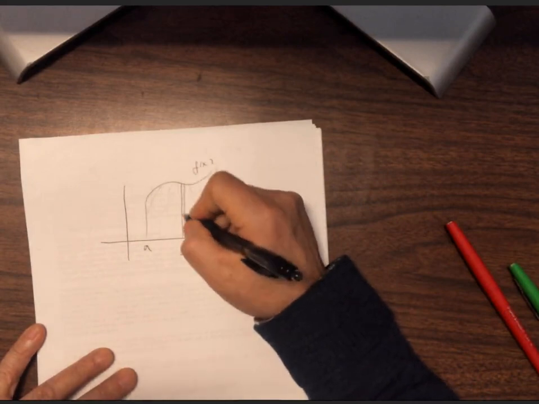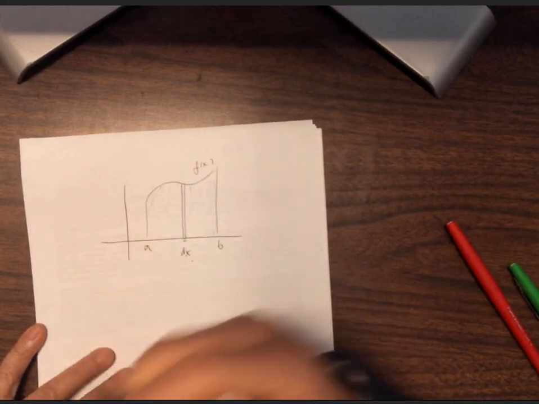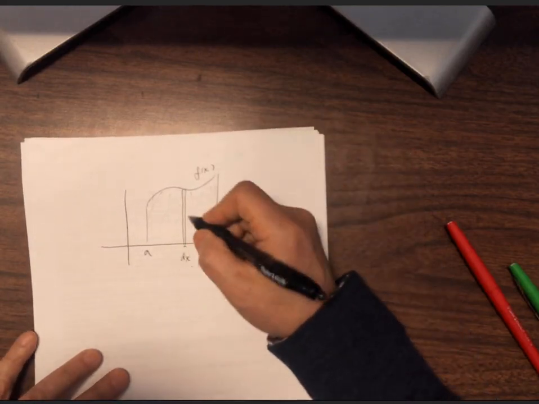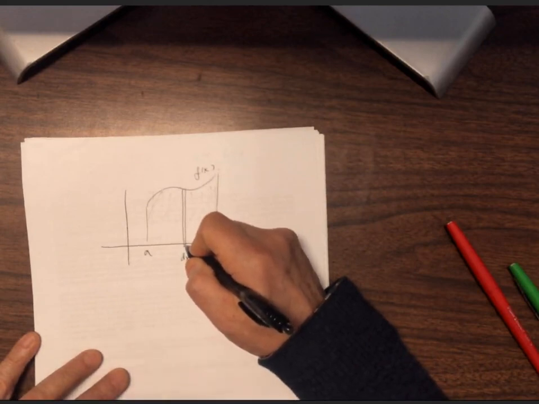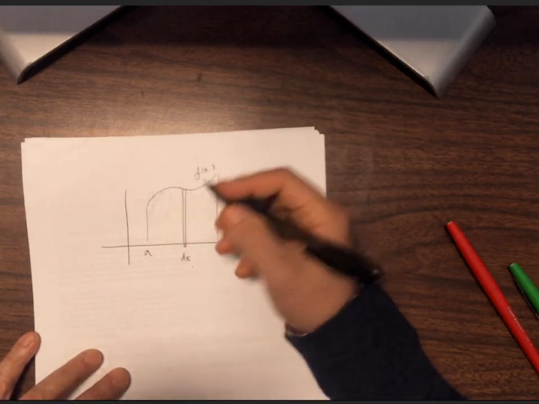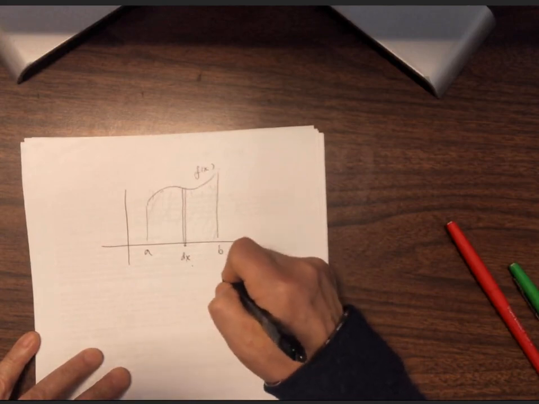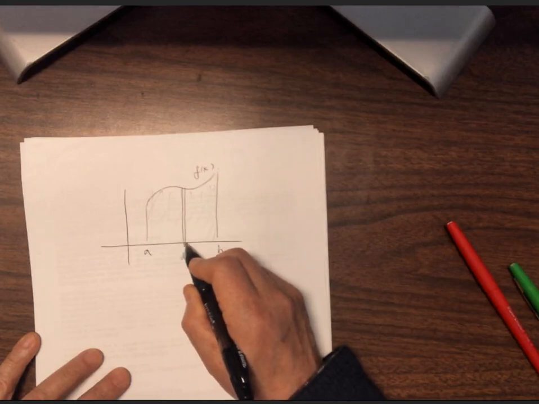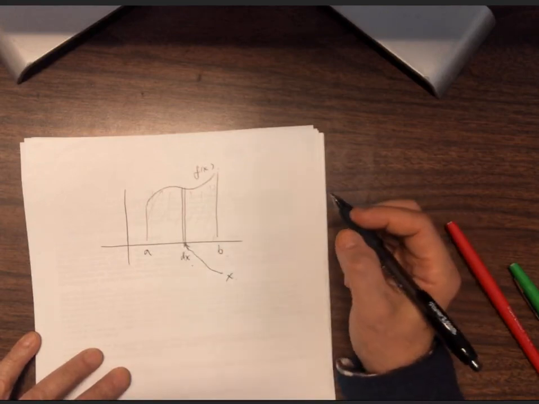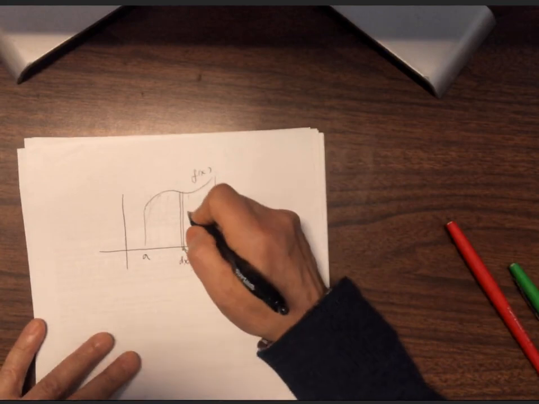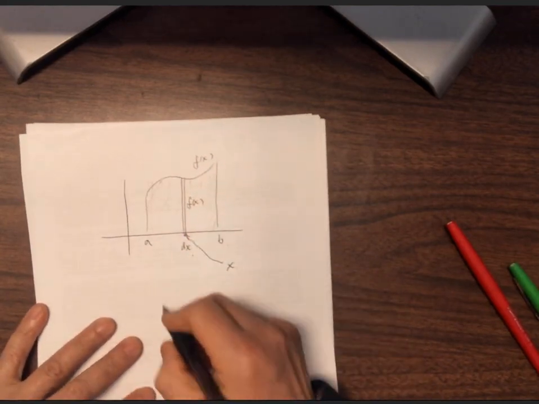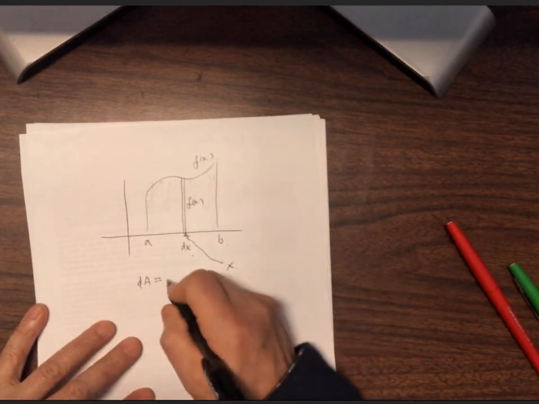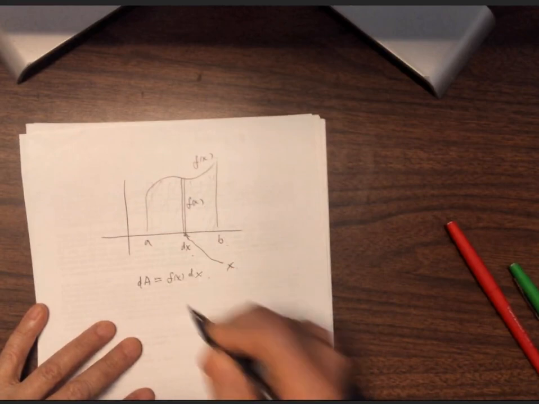Now, of course, from our description, we could pick up any point within the interval and evaluate the function. So it's so skinny, we can just say pick up x. x can move anywhere within the strip. So arbitrary location, and evaluate f of x. Therefore, the area of the strip is approximately f of x dx.